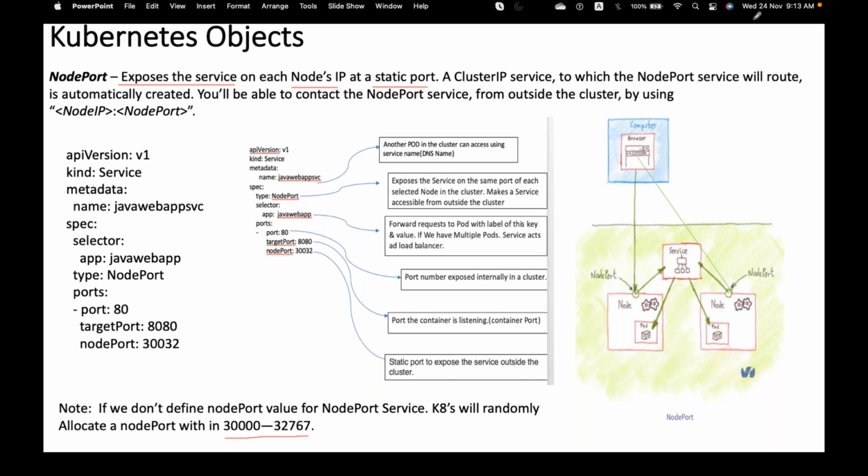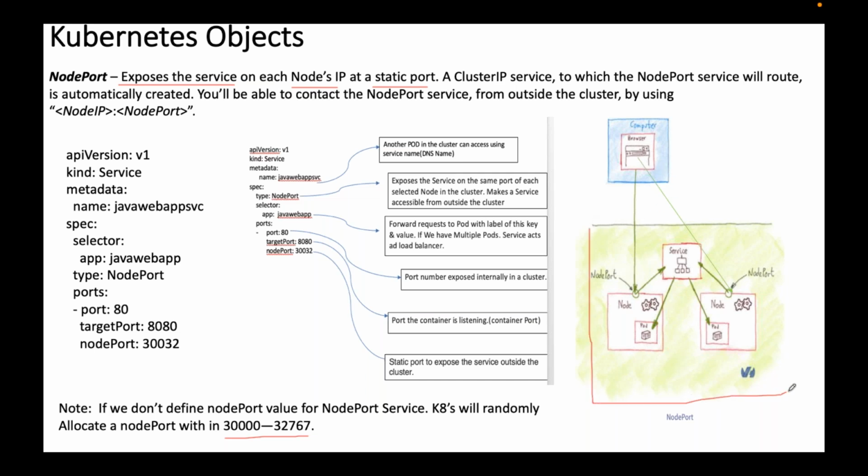Now, if you understand this diagram, it is like this. This is my Kubernetes cluster. When I create a service of type node port, on each and every node we can access that service on some port. Now, from outside, can I use that node IP? What is the meaning of node IP?